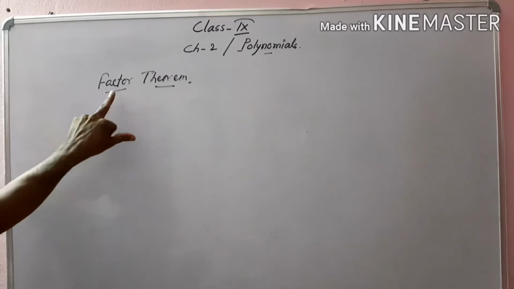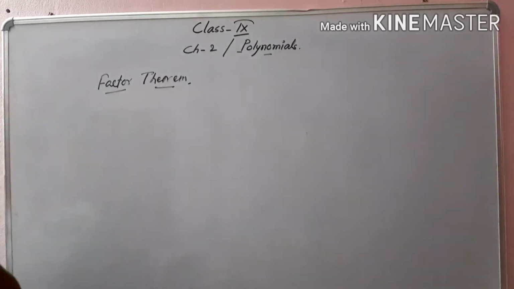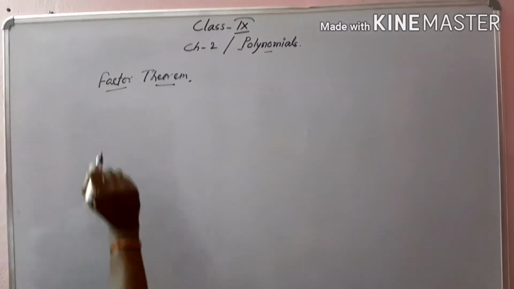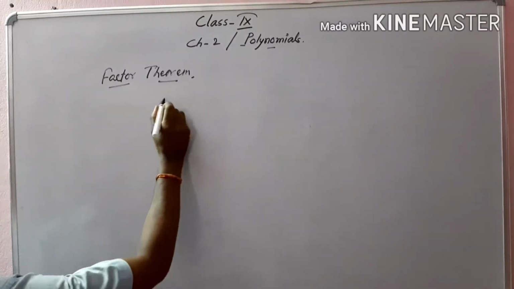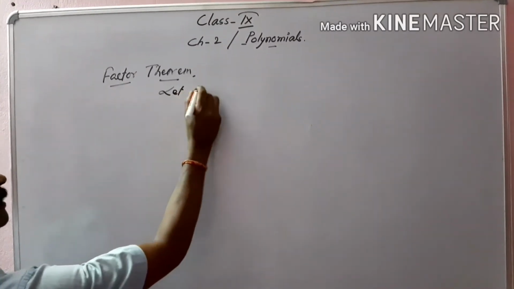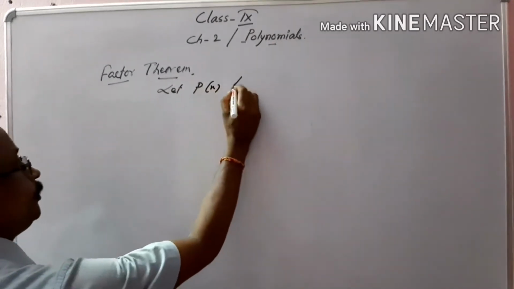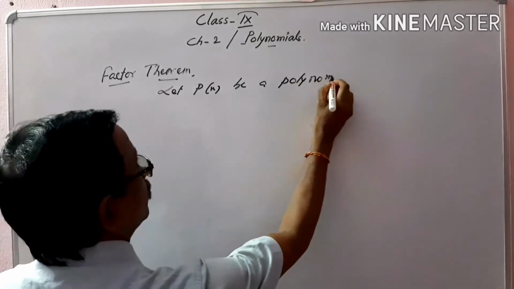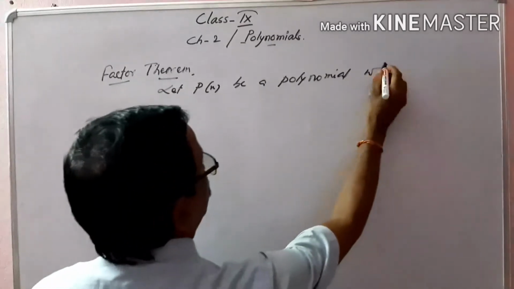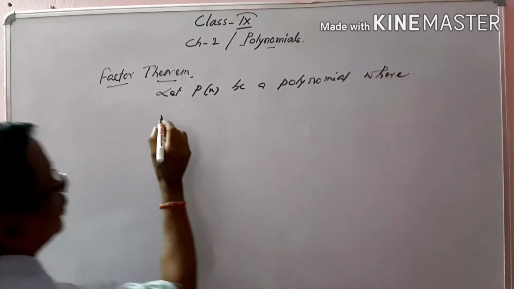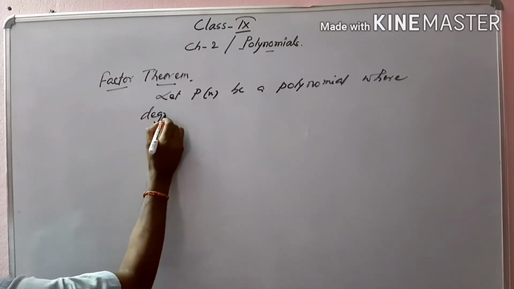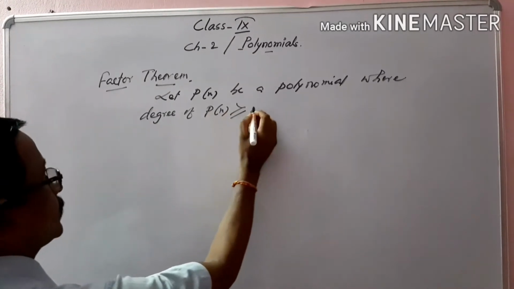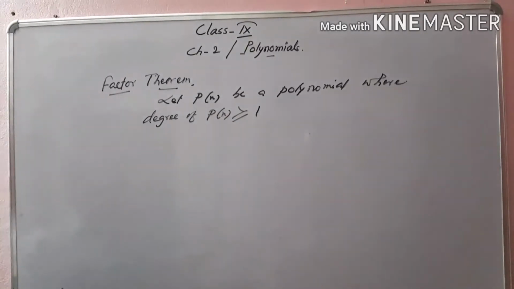Now next comes the factor theorem. Factor theorem is also the same as the concept of remainder theorem, just I am showing. Let P(x) be a polynomial where degree of P(x) is greater than or equal to 1.